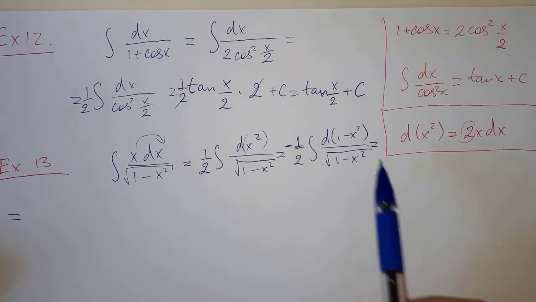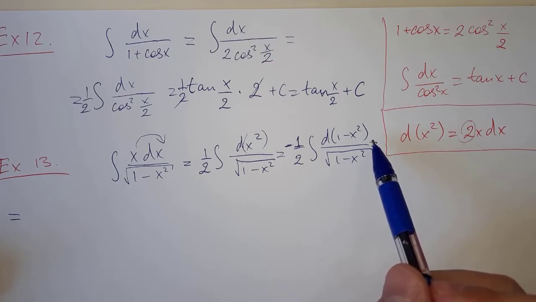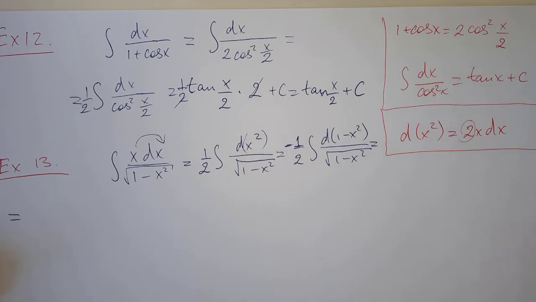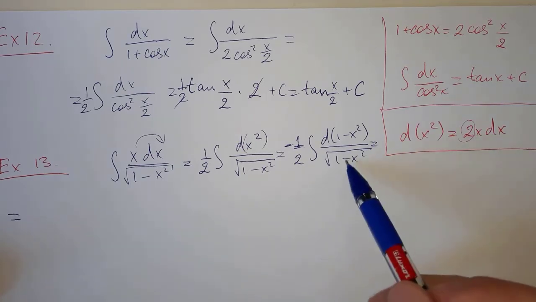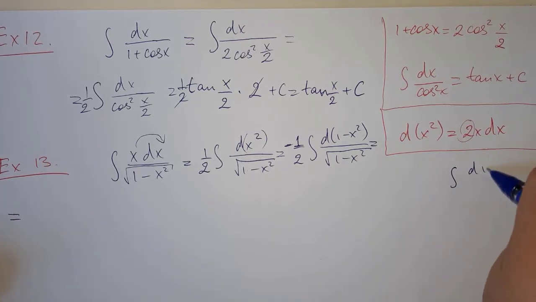And now we have the variable 1 minus x squared. So 1 minus x squared is as our x, and here also 1 minus x squared. So this is the same as the integral dx over the square root of x.